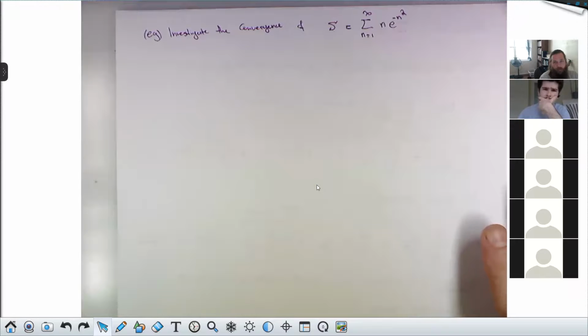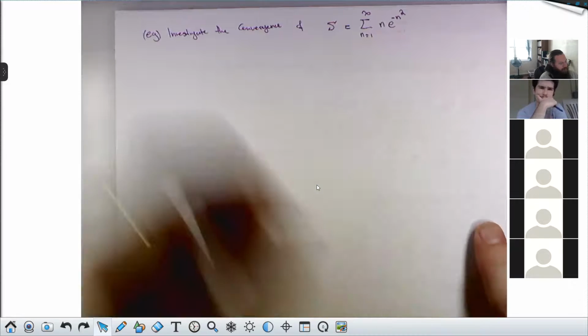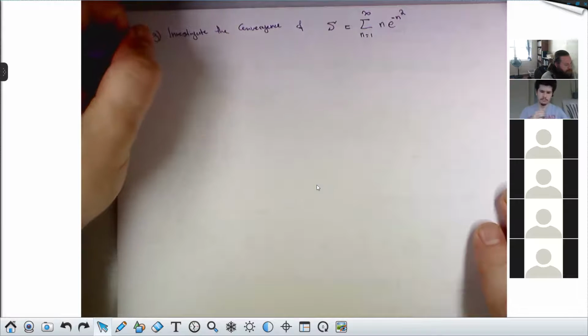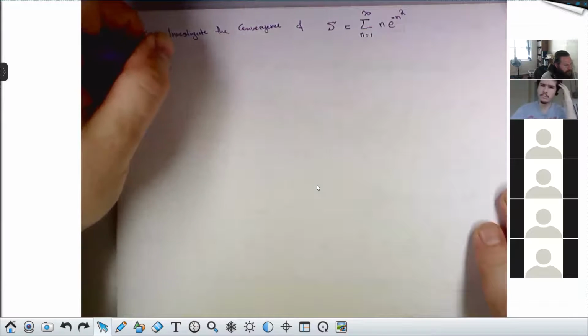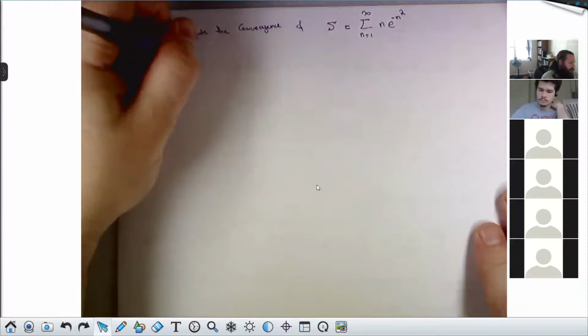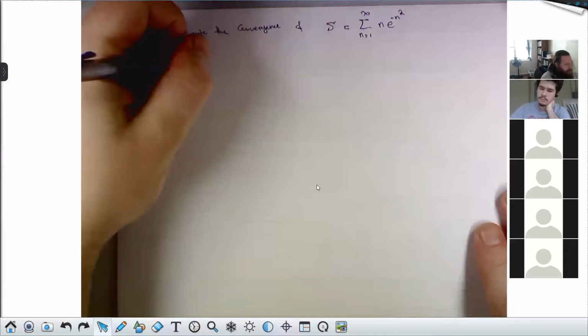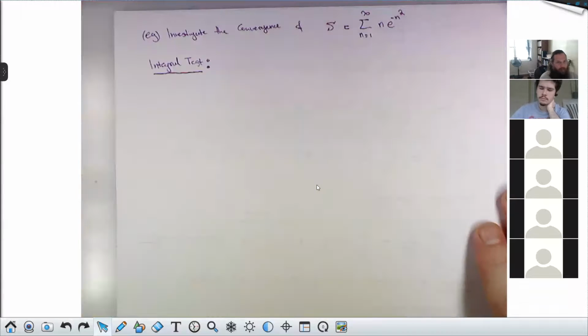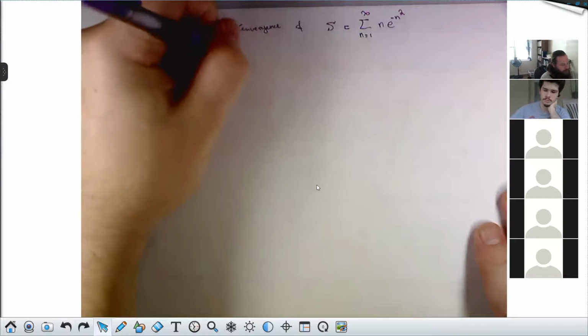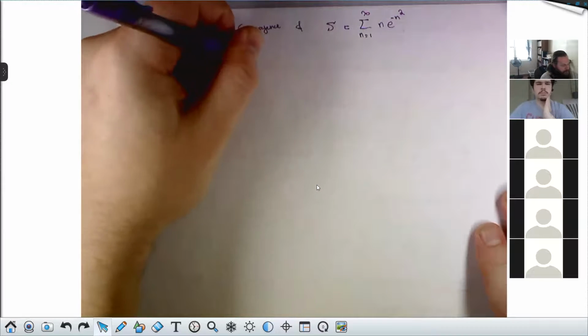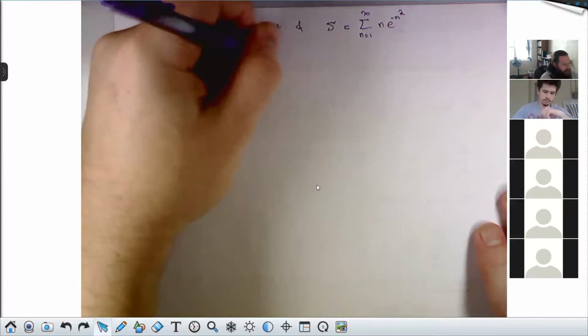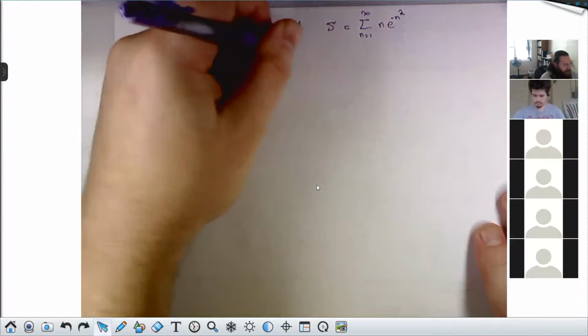It's not geometric. It's not telescoping. You could try the test for obvious divergence, but it'll pass that too. So I'm going to go to the integral test. It's the only other thing we have so far. The function f of x here is x times e to the negative x squared.